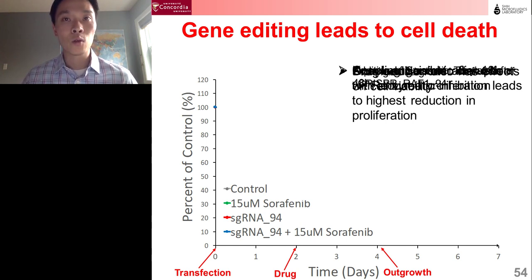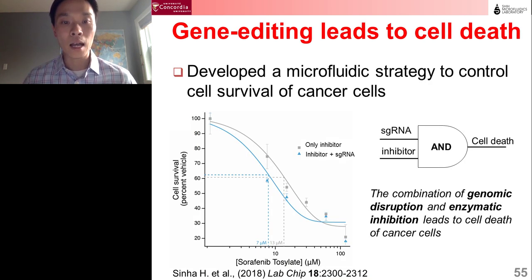And then if you continue on to let it outgrow over several days, because we do see a heterogeneous population, we do see some increase in the growth in some of the conditions. But the main point here is that with the drug and with the genomic disruption, you can start to see an increase in cell death and much lower cellular viability. And we prove this too by looking into this dose response curve where we had the inhibitor and also genomic disruption.